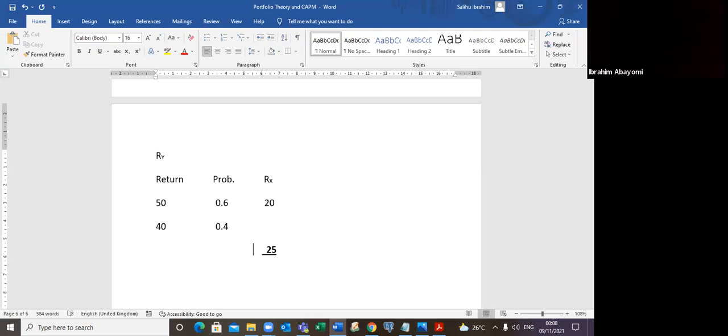Now the total is 46. The first one is 30, and the second is 16. So the total is 46.